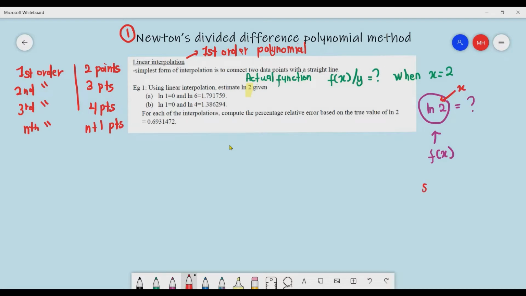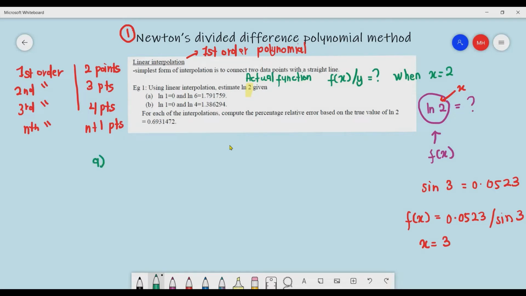Let's say I have sine 3 equals 0.0523. Therefore, f(x), or y, is 0.0523 or sine 3, while x equals 3. So this is how you interpret the given function here. So for a here, we start with a.